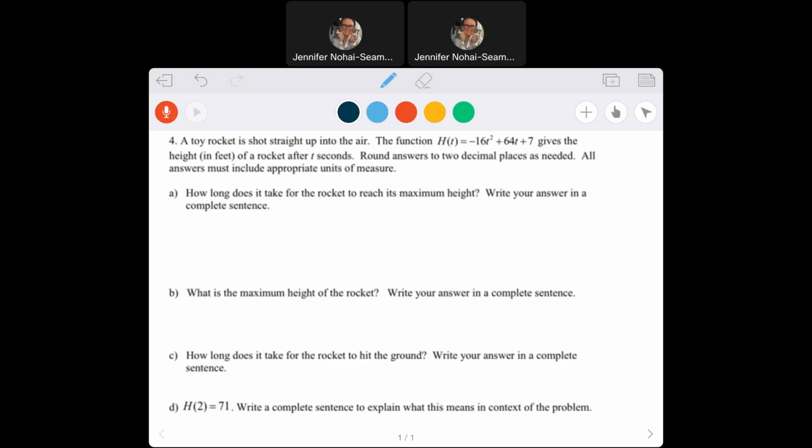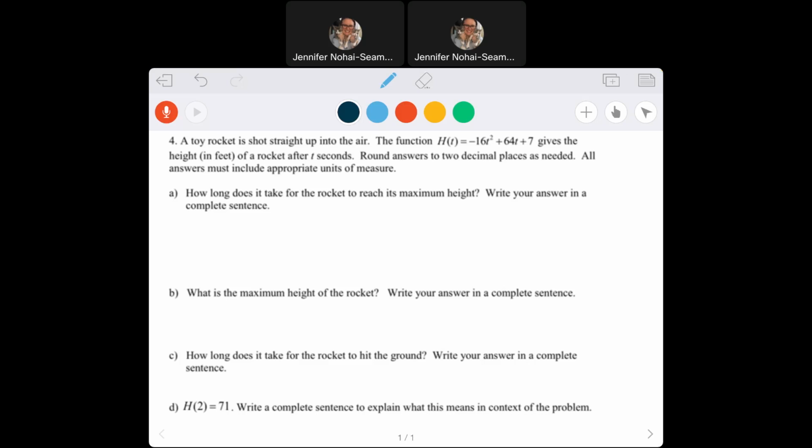Well, in this particular problem, this rocket makes an arc like a parabola, right? So it's an upside down parabola, face down. And so it takes that path in its flight. If we want the maximum, we want the vertex of that parabola.